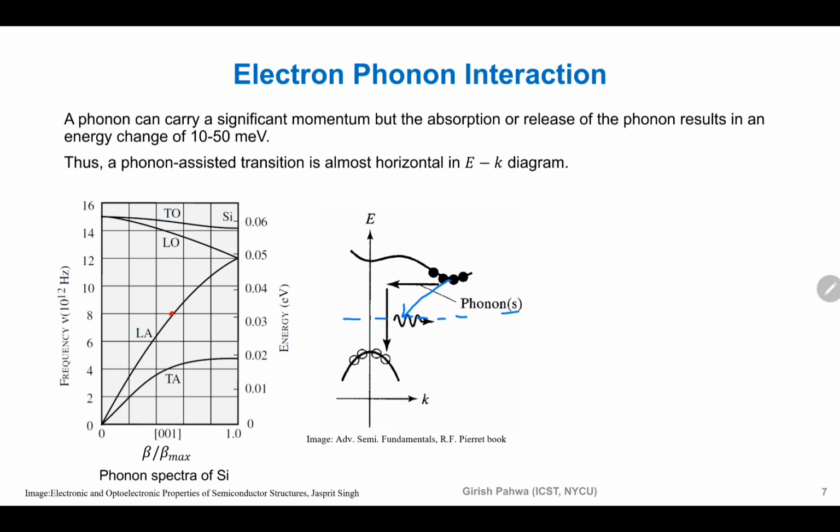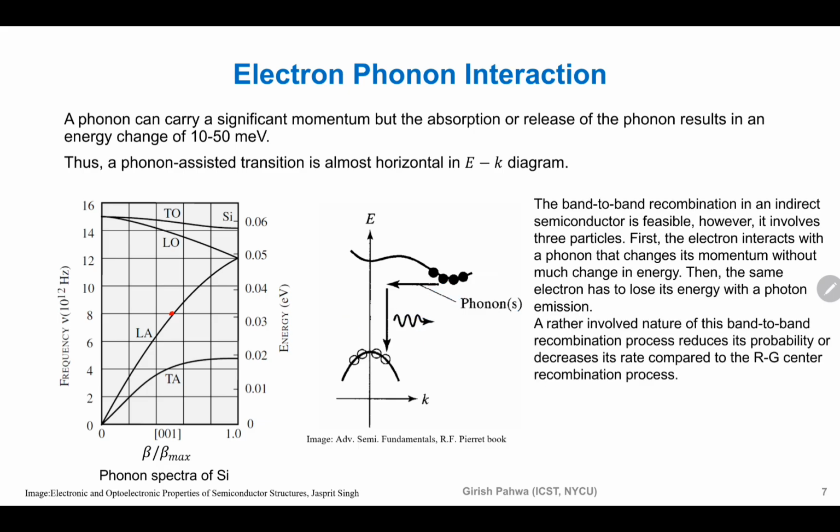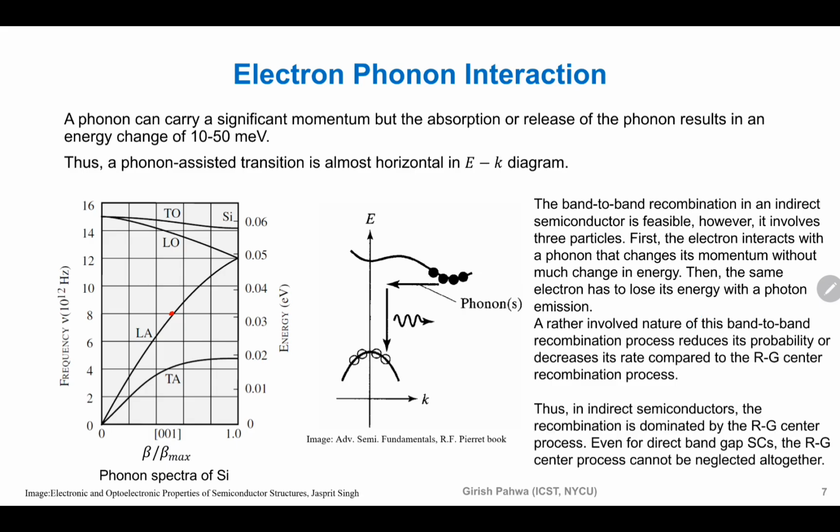Because if you have mid gap states like this, this reduces the amount of energy change that is required. Okay, and that process occurs mostly via phonons. Okay, so this is something I've written, so you can go through the notes.